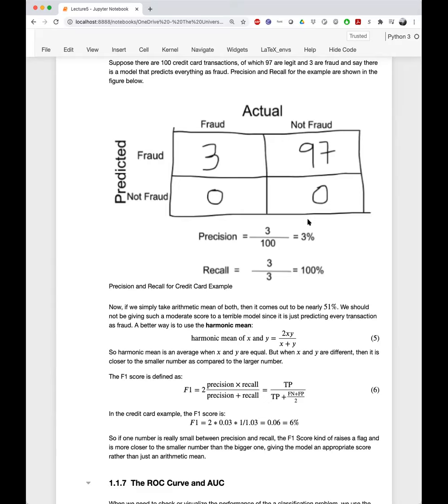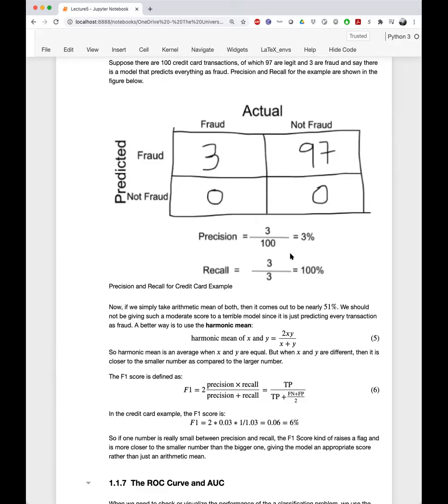So this is a good way to do the average, because if you have a model like this, the precision is really, really small. We don't want this case. We talked about how when we want to increase recall, we don't want precision to be too low. In this case, the harmonic mean actually indicates it's a bad case because it moves closer to the smaller value.